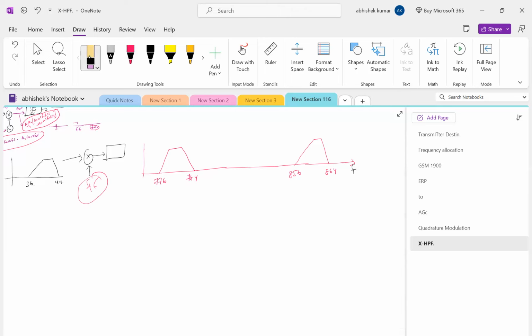This is my input and I want my output like that. What should I do? Think for 2 minutes.